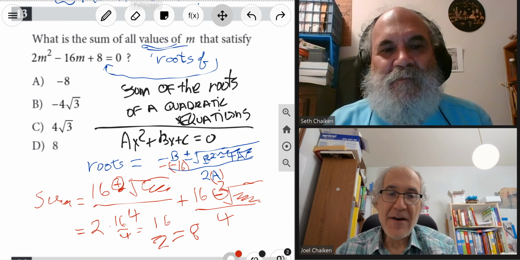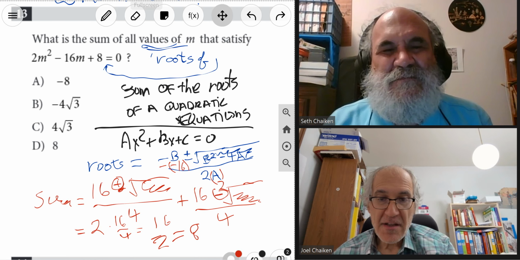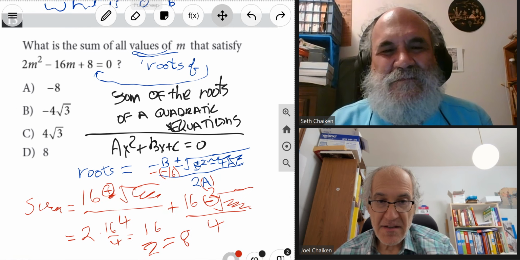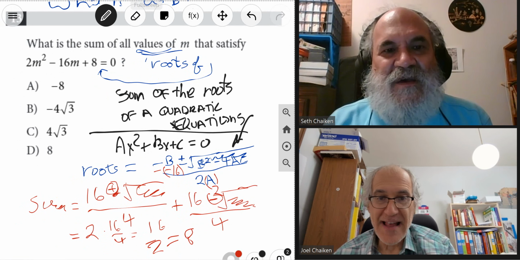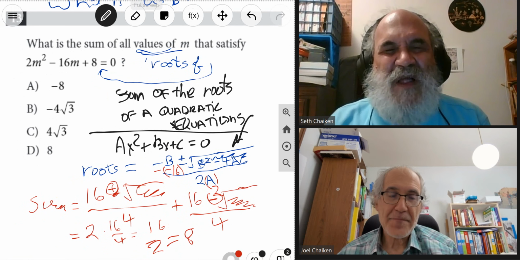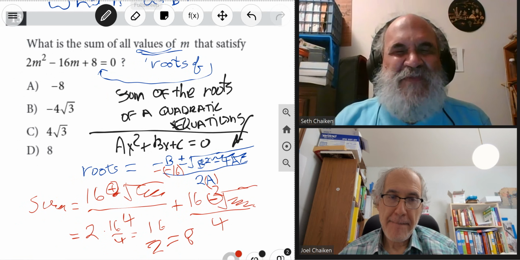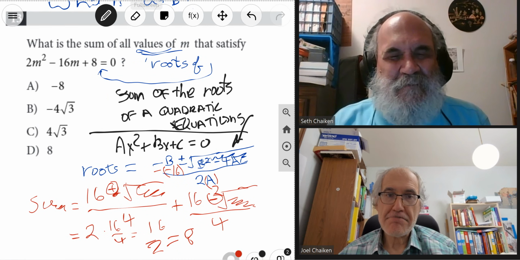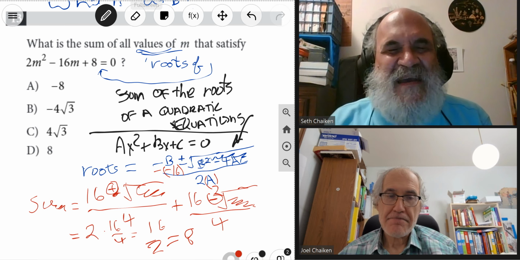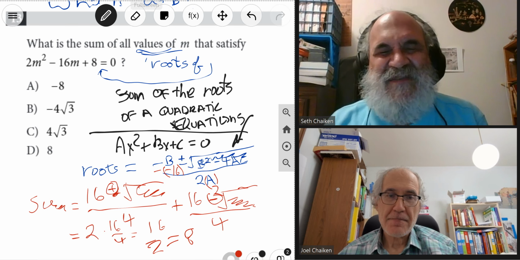Now, what happens if you ask for the product of the roots? You're then going to be multiplying this. If you multiply it, you have something plus something multiplied by something minus something, which is the first something squared minus the second something squared.